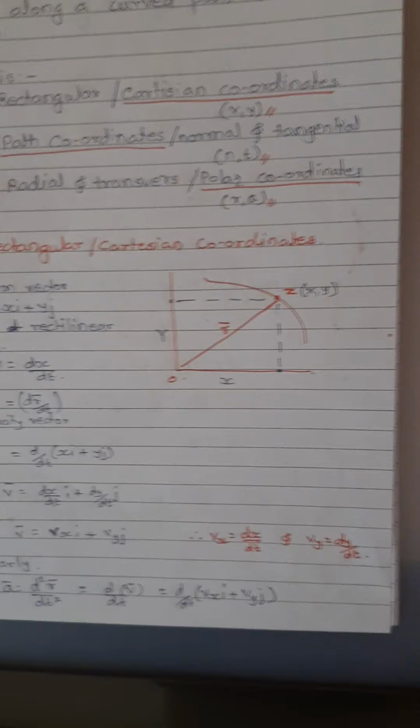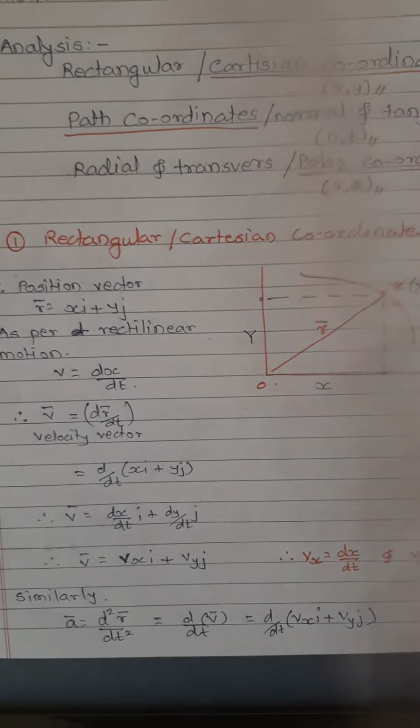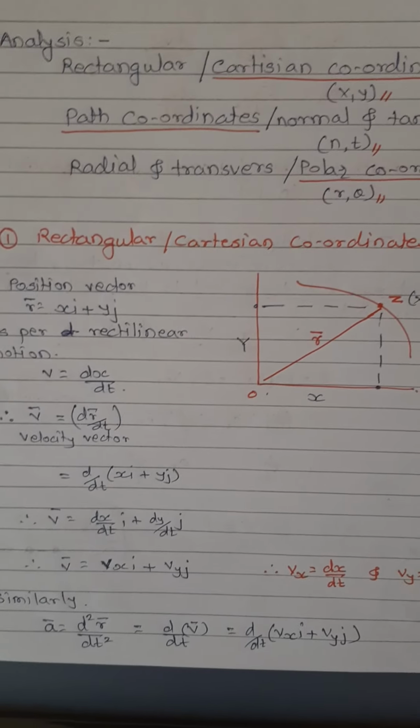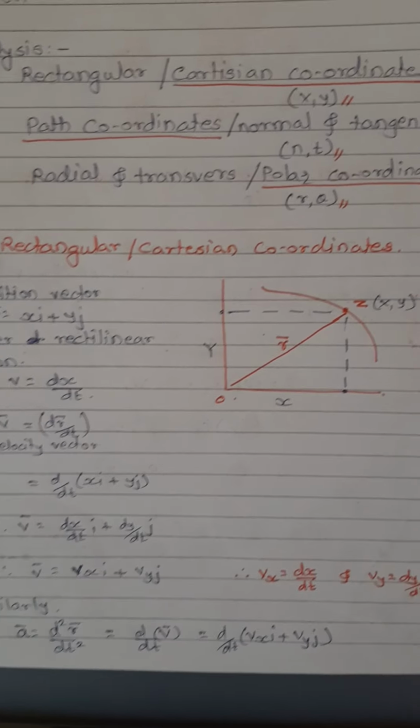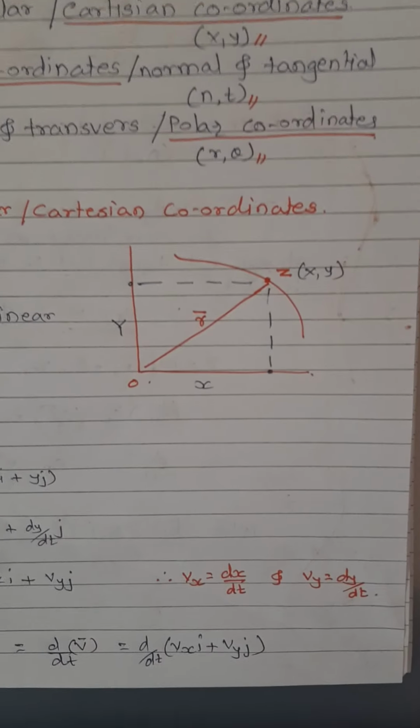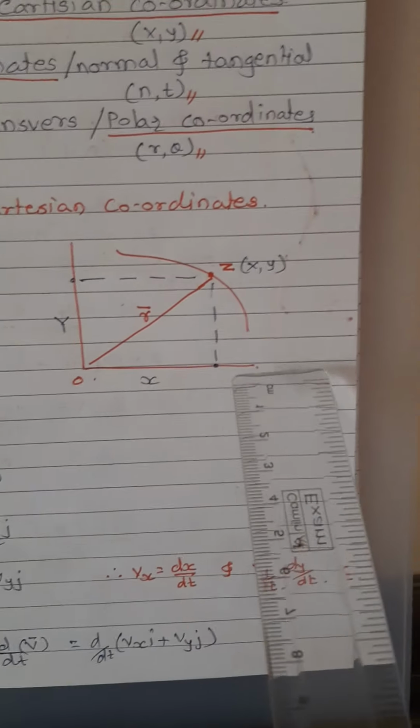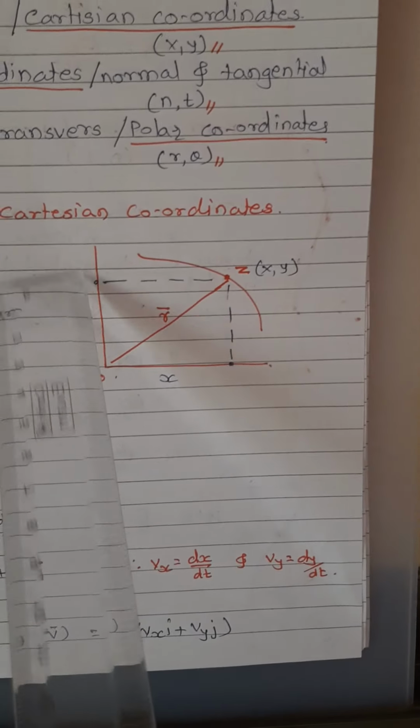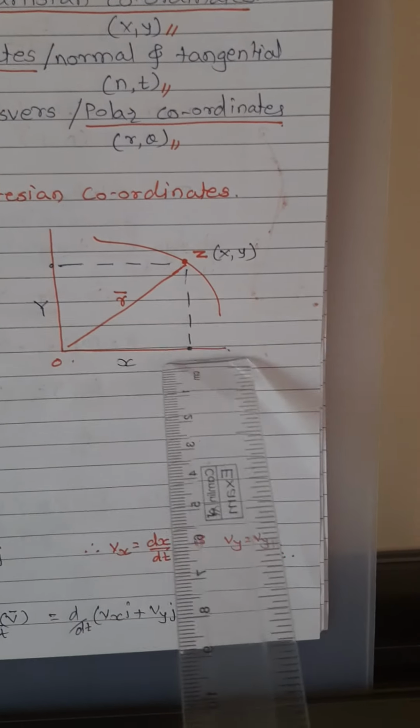Now, what are exactly the rectangular and Cartesian coordinates? If we think of here, the diagram is shown: x axis, y axis.